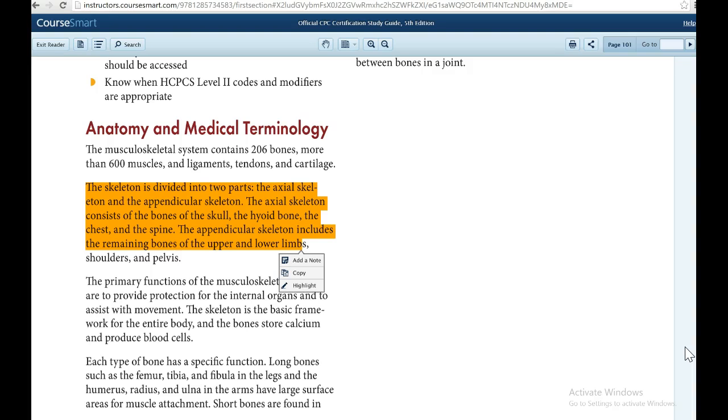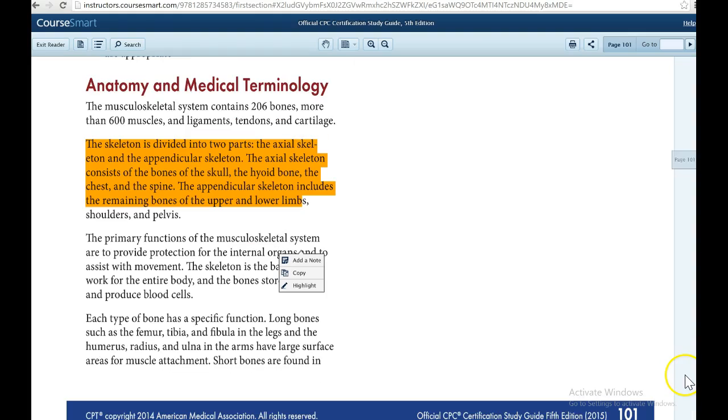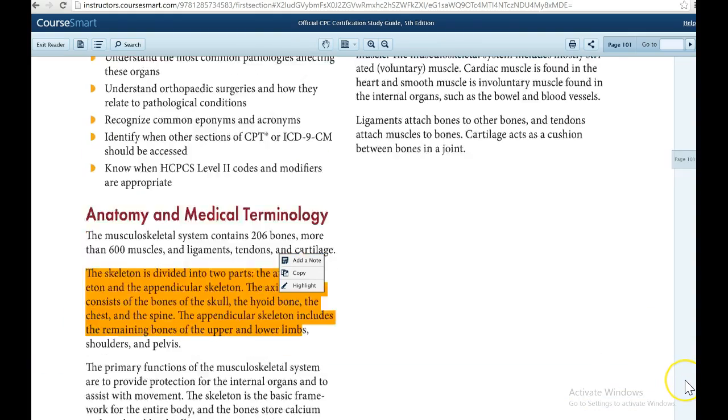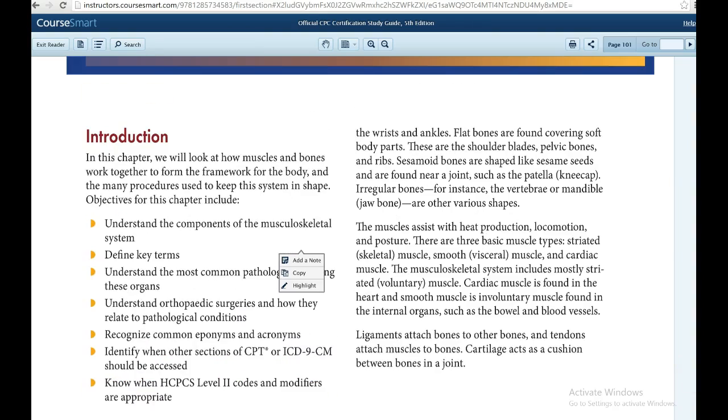The skeleton is the basic framework of the entire body, and the bones contain and store calcium and produce blood cells. These are some things that you need to make sure you remember on the test.